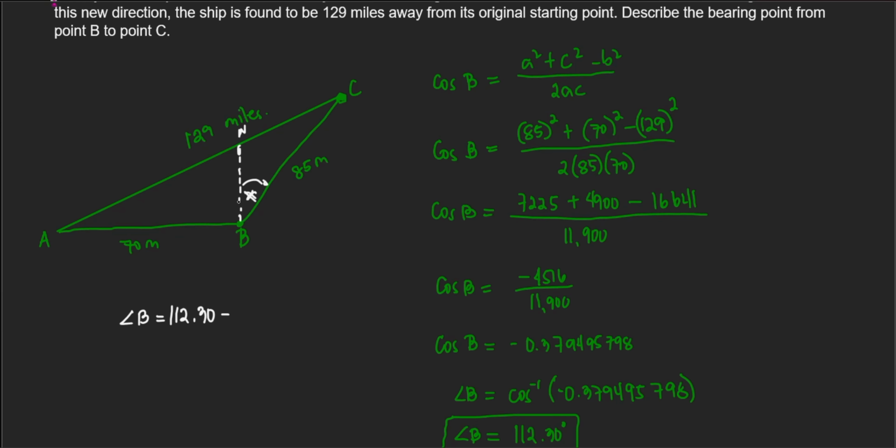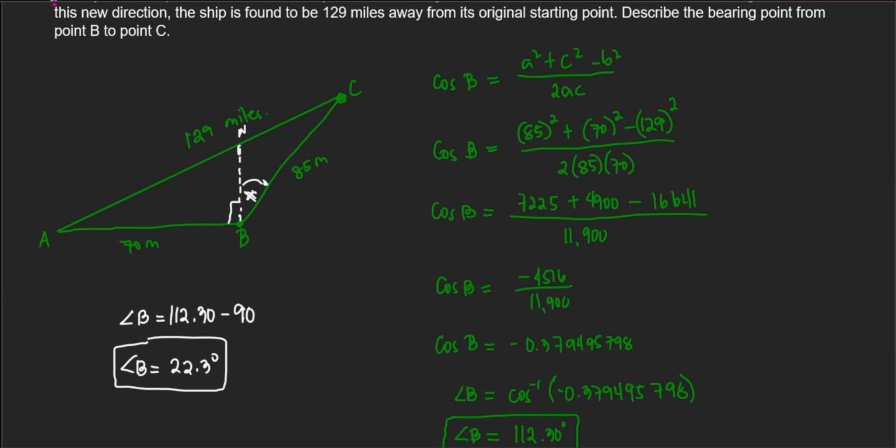This is 90 degree here. So angle B is equal to 112.30 minus 90, that is 22.3 degree.